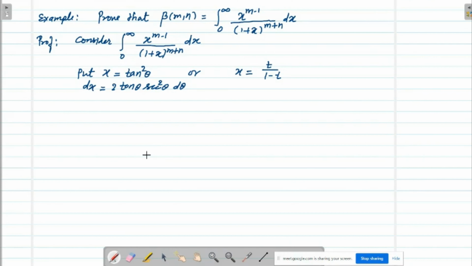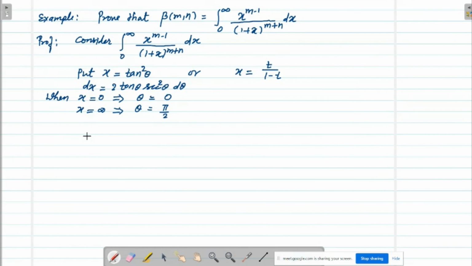Whenever you use substitution, just change the limit. When x equals 0, theta will be 0, and when x equals infinity, theta equals pi by 2.